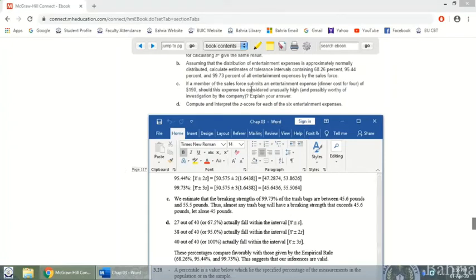If a member of the sales force submits an entertainment expense of 190, should this expense be considered unusually high? So now you have to see what the range is at 99.73, which is the third S. In this case, this is 45 to 55. So this is the maximum range the trash bags fall between.